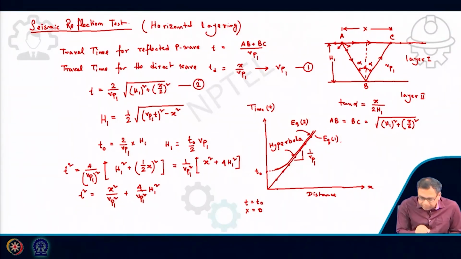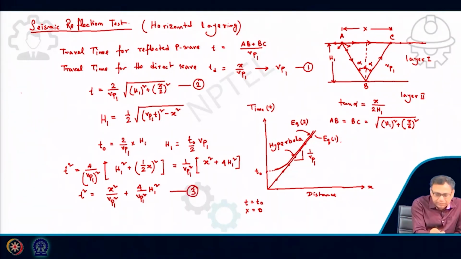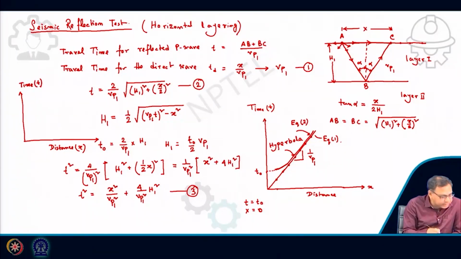Now, if I plot another graph by using this equation number 3, a similar plot, this is also distance and this is the time, but here it is time square, and this is also distance square or x square.